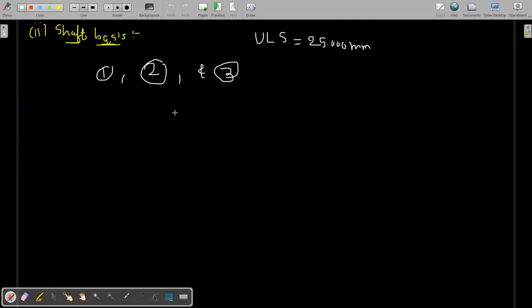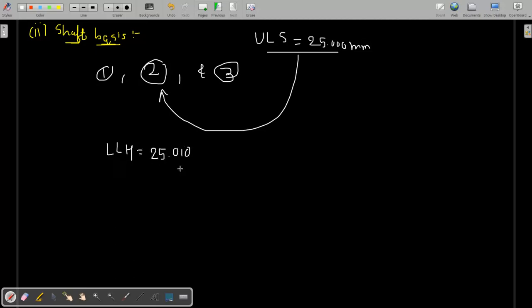Use the upper limit of the shaft in equation number 2. You can switch to the previous slide also. So we will get the lower limit of the hole as 25.010.